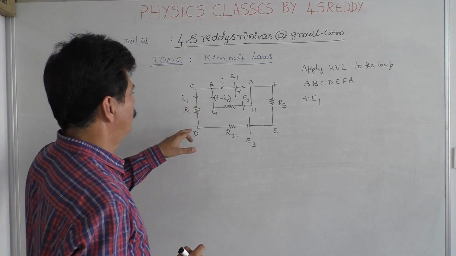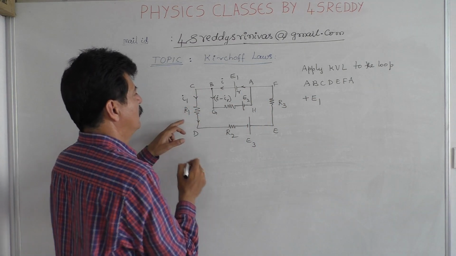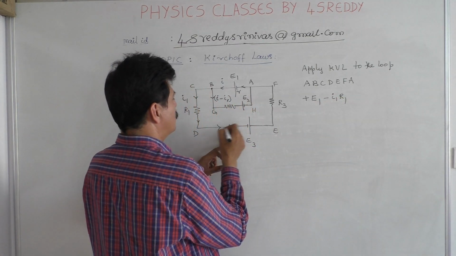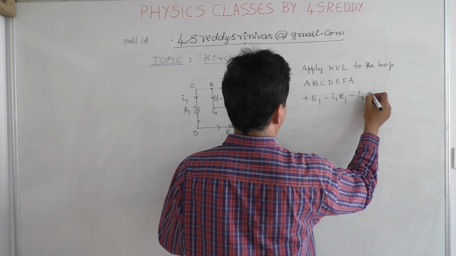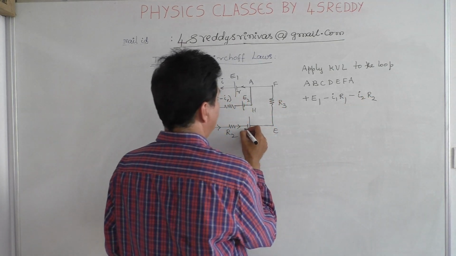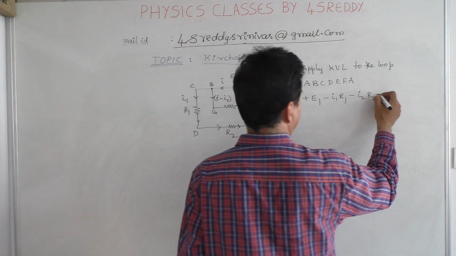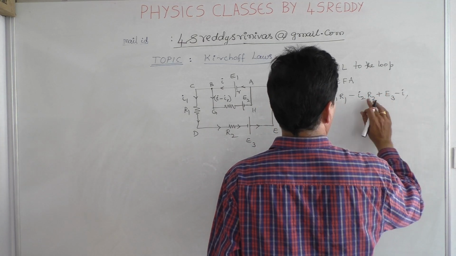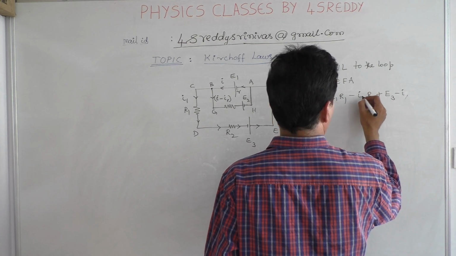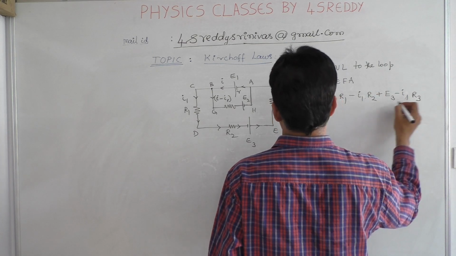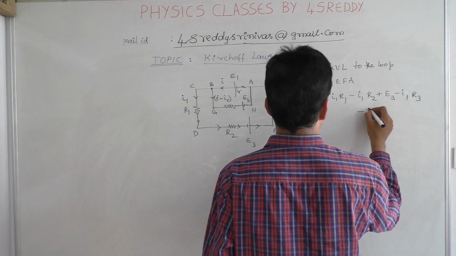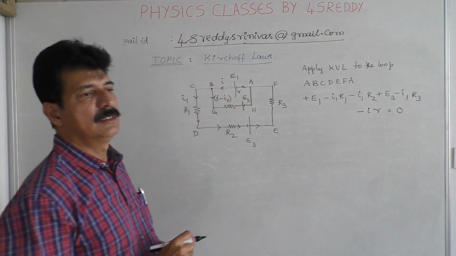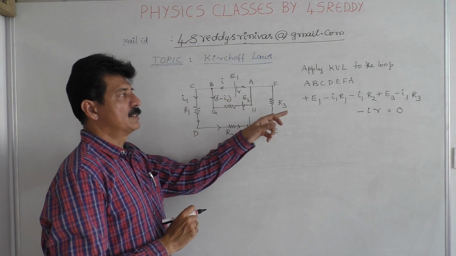Then here C to D, in the direction of flow of current, this will be given as minus I1 R1, and here also minus I2 R2, and here minus to plus, so plus E3, minus I1 R3, minus I into small r, this must be equal to 0, because here the internal resistance is given.